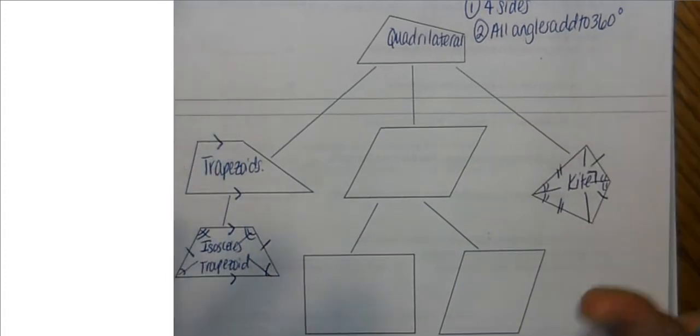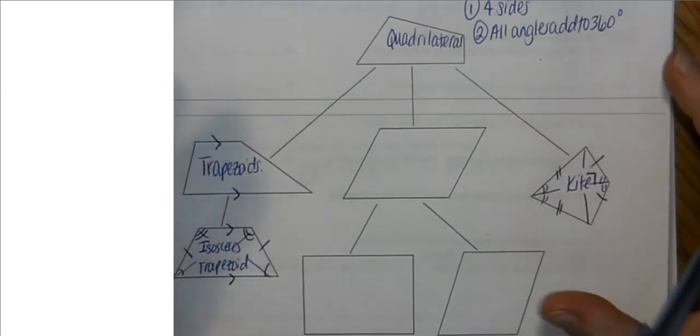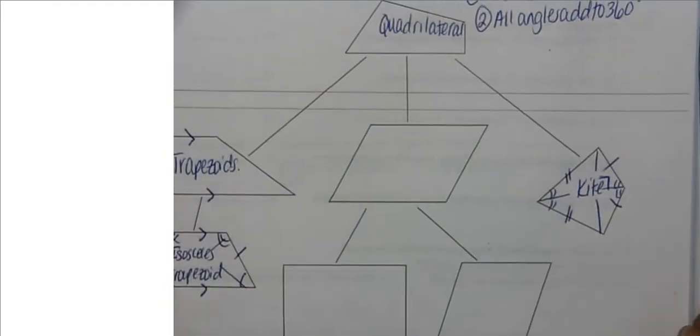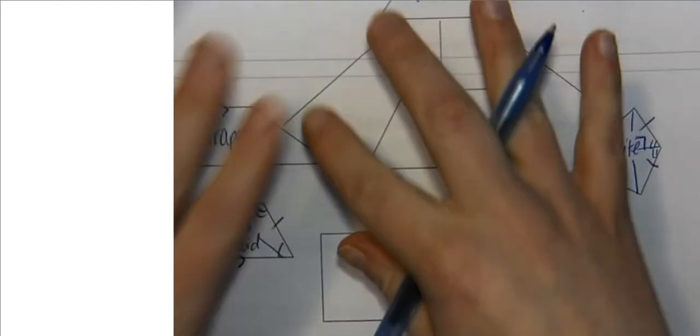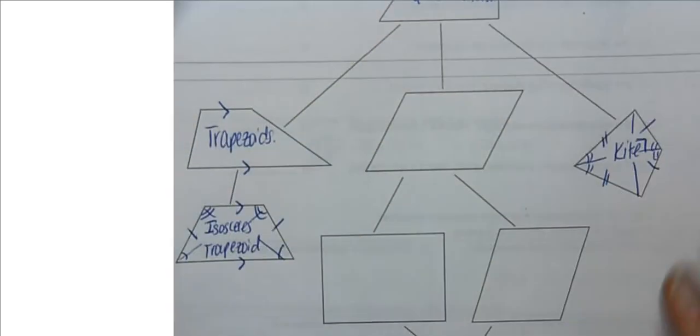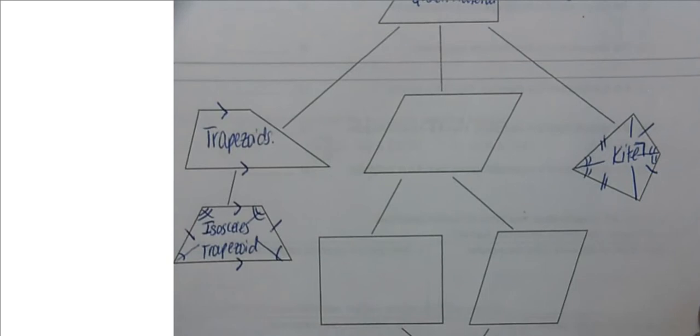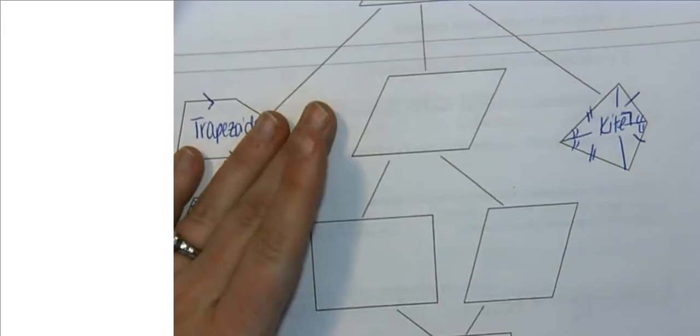It does not bisect any other angles, so just one pair. So this is a kite, and these are trapezoids. These are not going to be on this first quiz that you will be taking. I just wanted to give you an overview of those shapes. We haven't talked about them yet, but I wanted to give you a heads up as to what those are. Instead, we've primarily focused on the center.